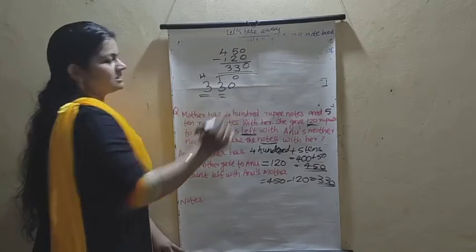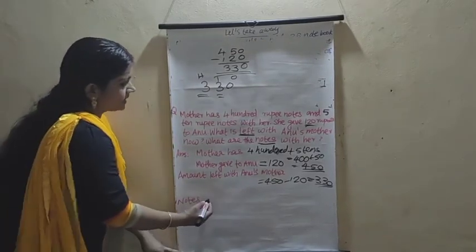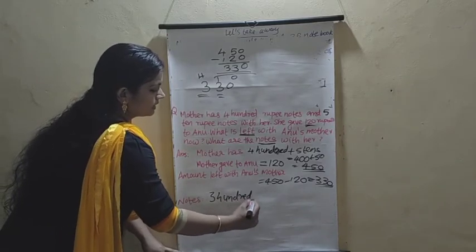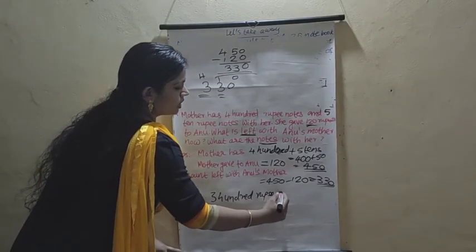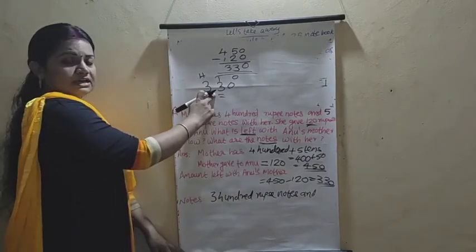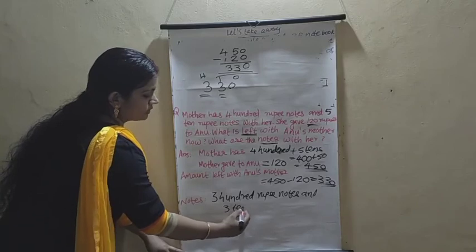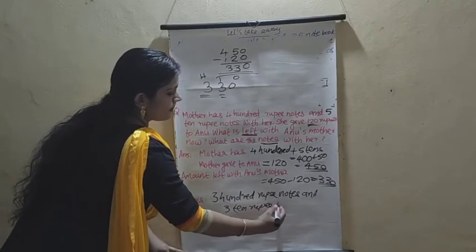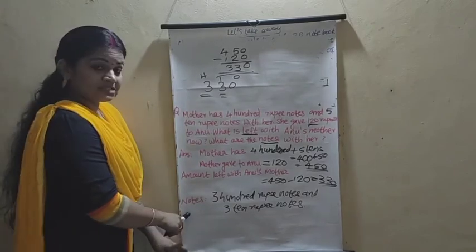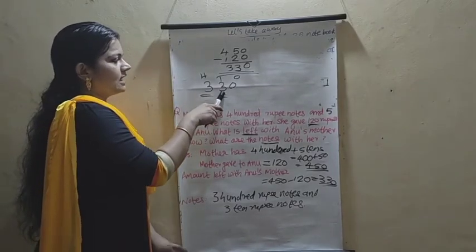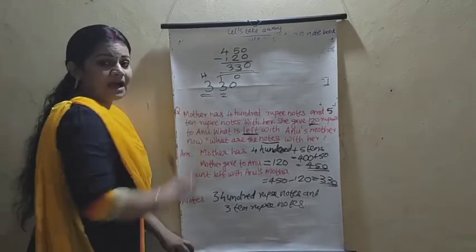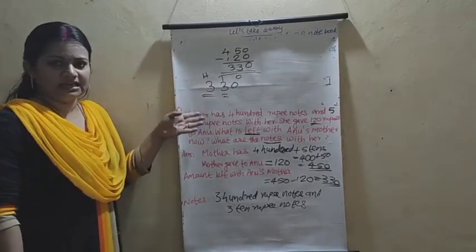Then how many 100 rupee notes and how many 10 rupee notes? You write here 300 rupee notes and how many 10 rupee notes? 3 ten rupee notes. Okay, then how many notes are there? 300 rupee notes and 3 ten rupee notes. This uses place value, so you can write it easily, I think.